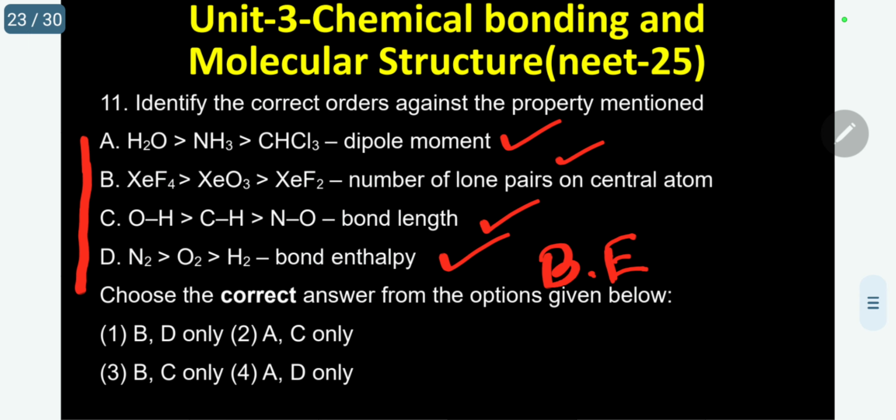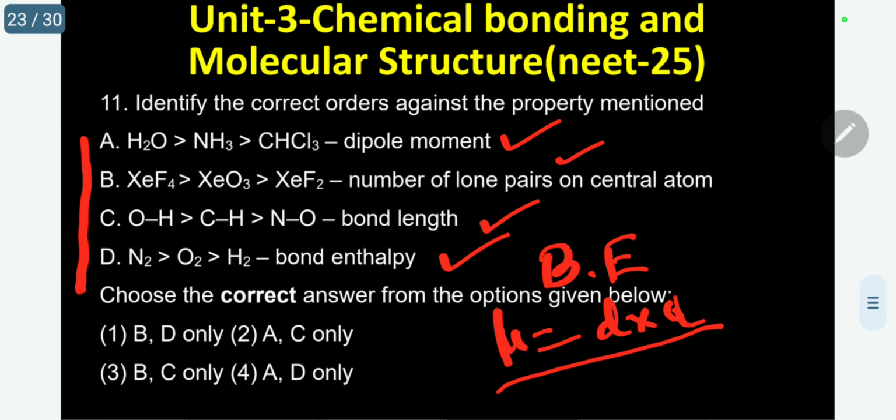Among the first one, dipole moment. What is meant by dipole moment? Mu equals the product of distance and charge, the distance between 2 atoms and the difference in charges, that will give mu, the dipole moment. It is a periodic property. For example O2, Cl2, all homonuclear diatomic molecules have dipole moment 0.